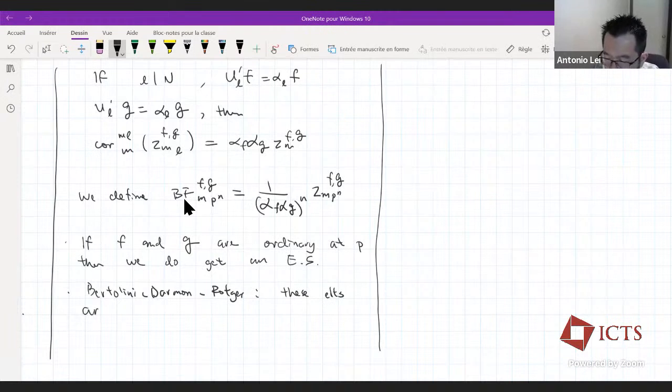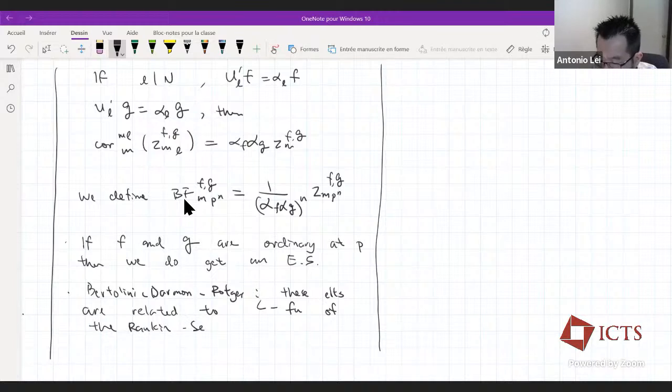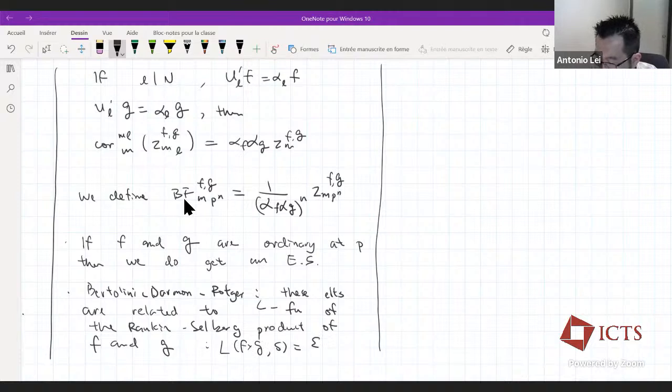These elements are related to the L function of the Rankin-Selberg product of F and G, meaning the L function given by like this.